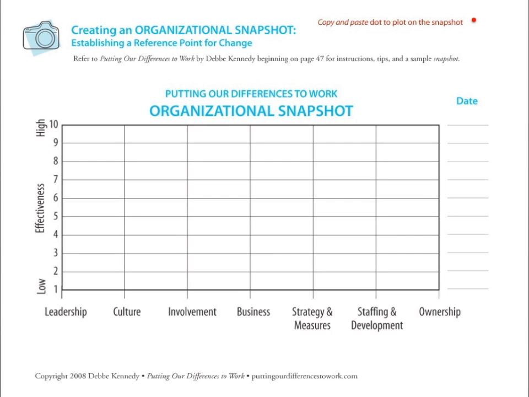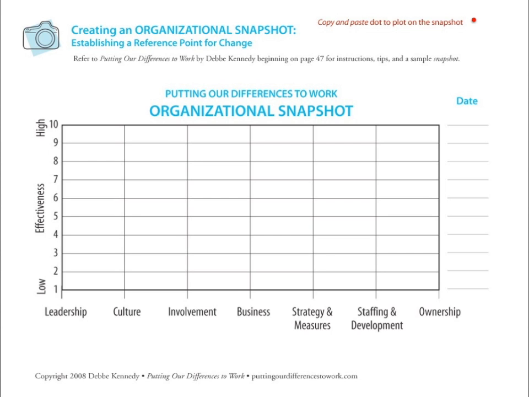Okay. So she goes through each of these 7 areas: leadership, culture, involvement, business, strategy and measures, staffing and development, and ownership. And she talks about what each of these means. She does that to give us a baseline, common understanding of what each one of them is.